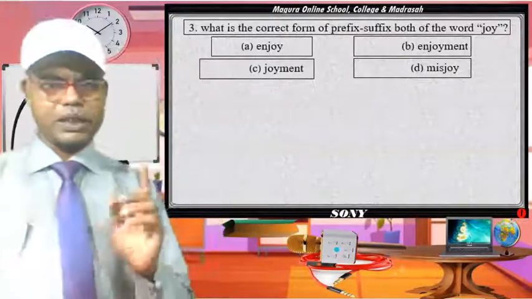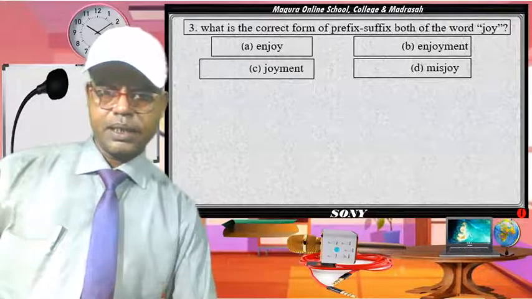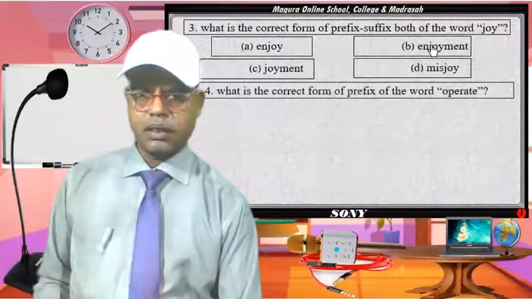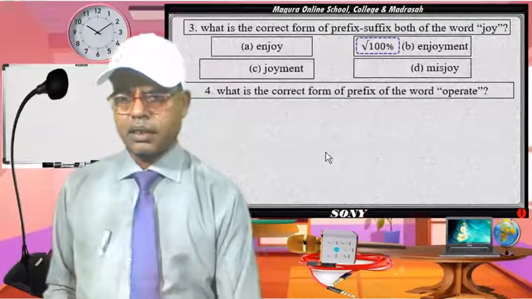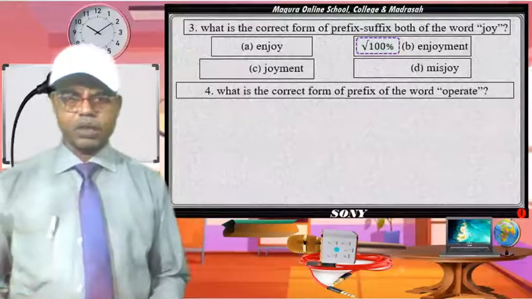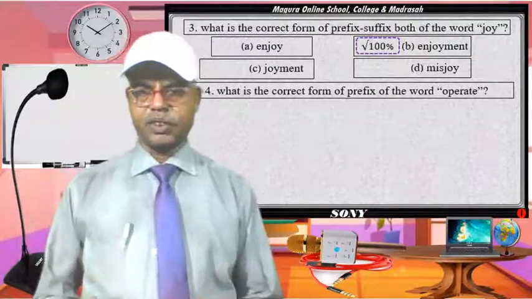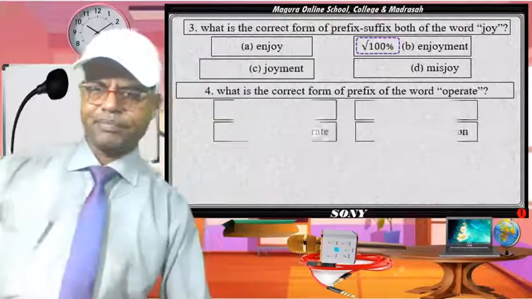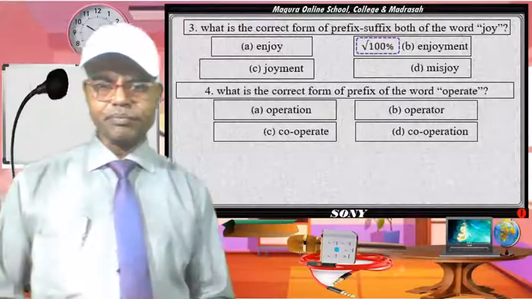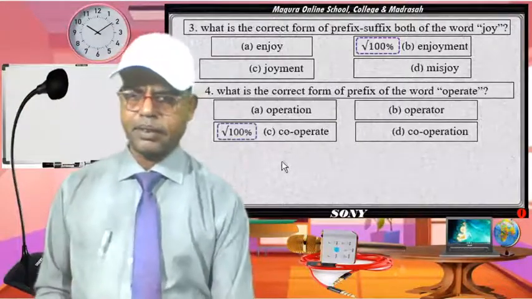So, what is the correct answer? Right. Enjoyment. Okay. We can check. Correct. Number four. What is the correct form of the opposite of the word operate? You have to use a prefix here. Here are four options. What is the correct form? Yes, right, you are right, cooperate. Correct.